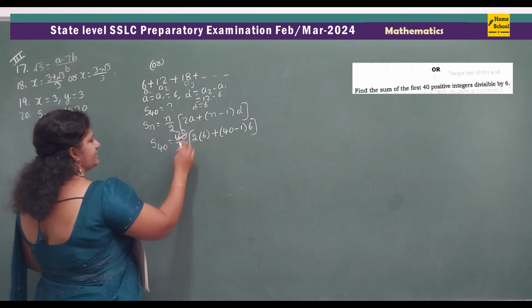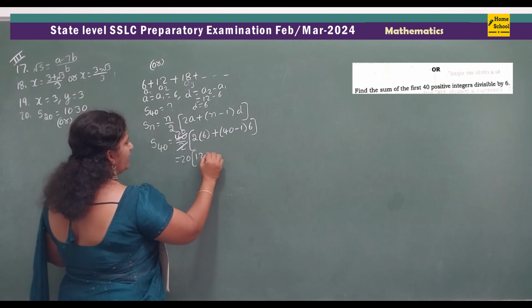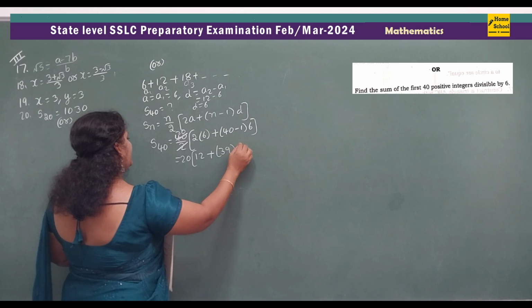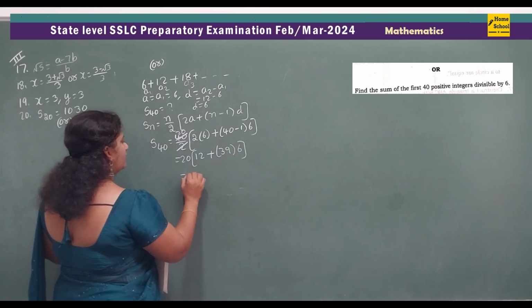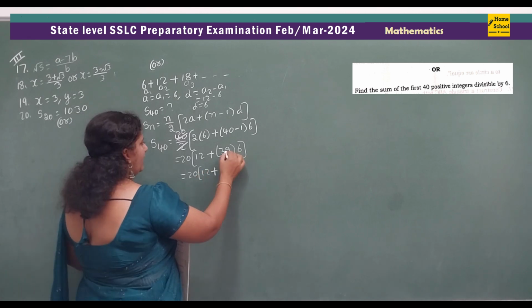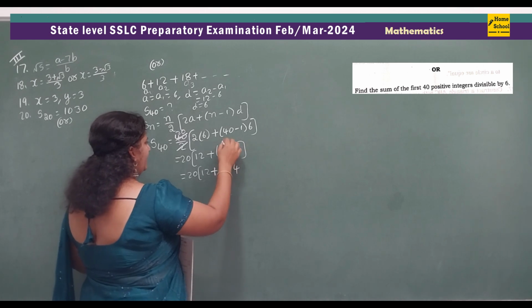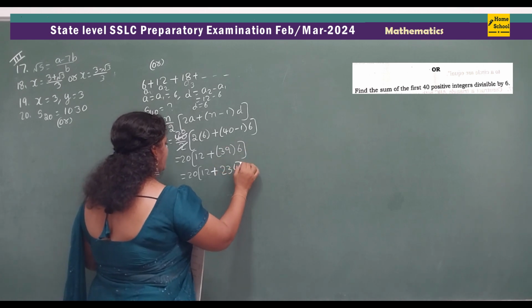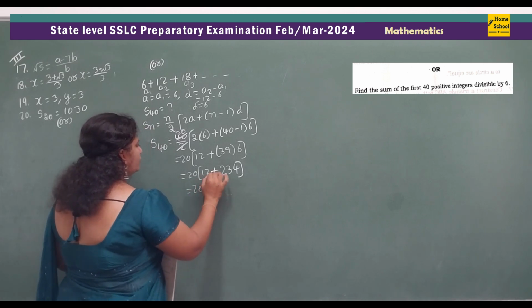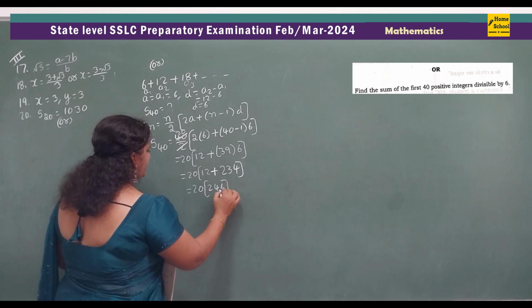40 by 2 is 20. 20 into 6 twos are 12 plus 40 minus 1 will be 39 into 6. 20 into 12 plus 39 sixes. 9 sixes are 54. 6 threes are 18. 18 plus 5 will be 23, so 234. 20 into 12 plus 234, it will be 246.